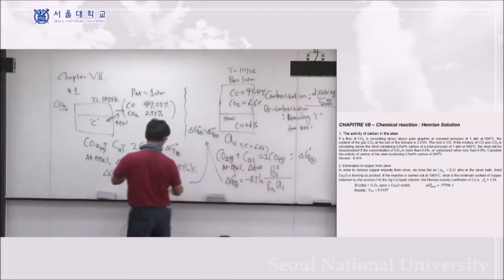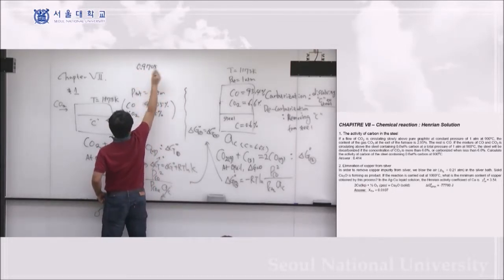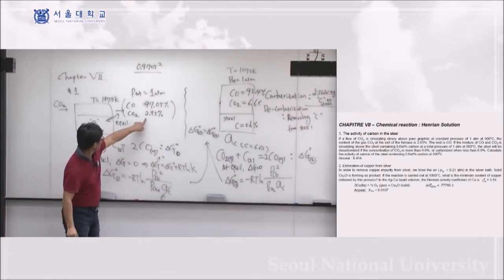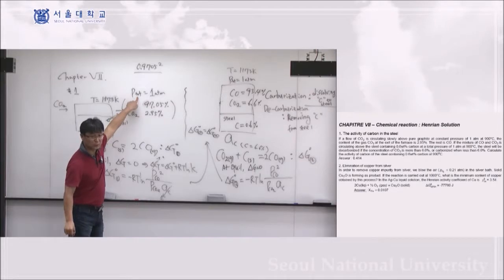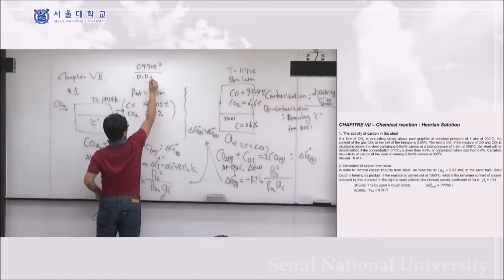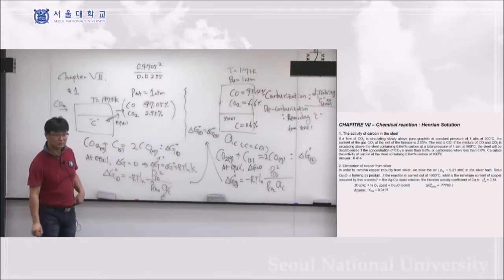So P CO here is 0.9705 squared, and then P CO2 is this one times the total pressure. So the partial pressure is 0.0295. Okay?